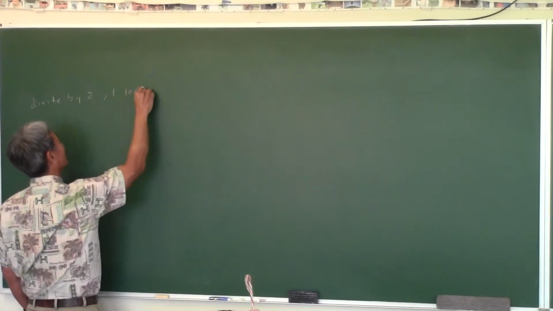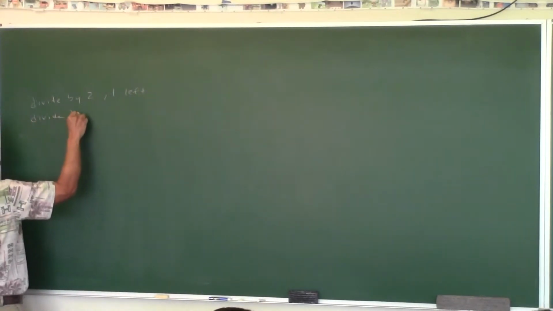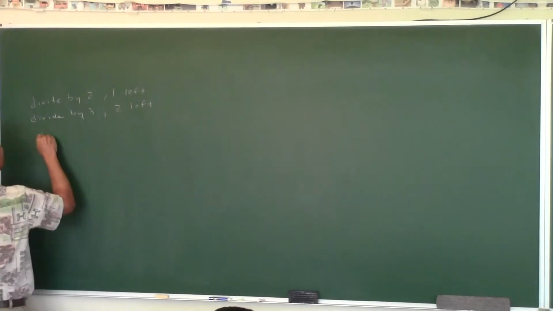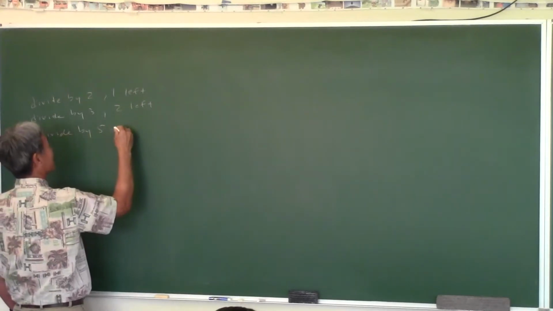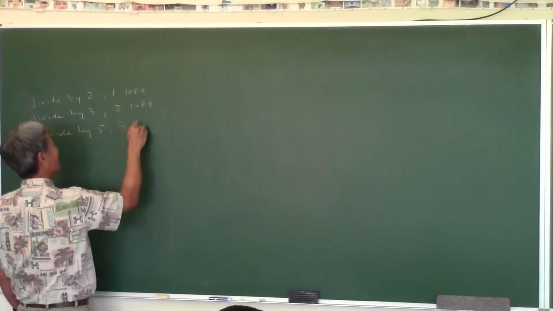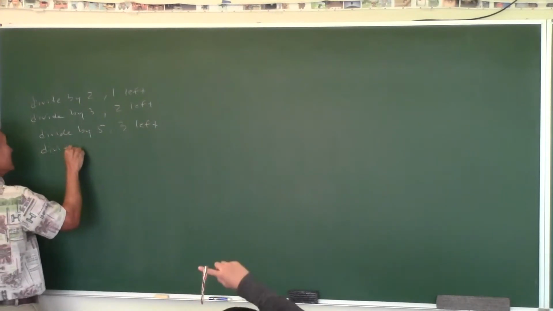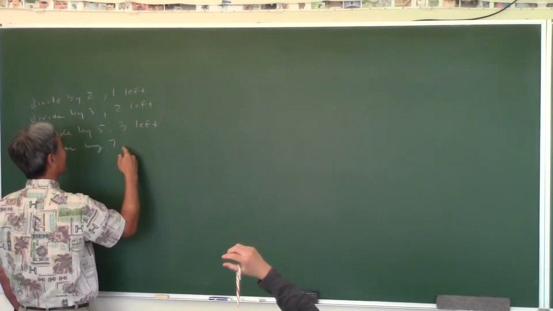When I divide it by 3, there's 2 left over. When I divide it by 5, there's 3 left over. And when I divide it by 7, there's 4 left over.